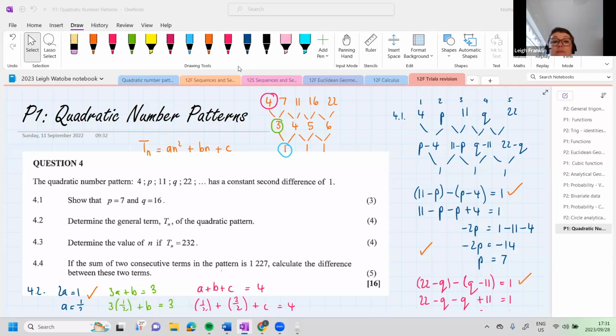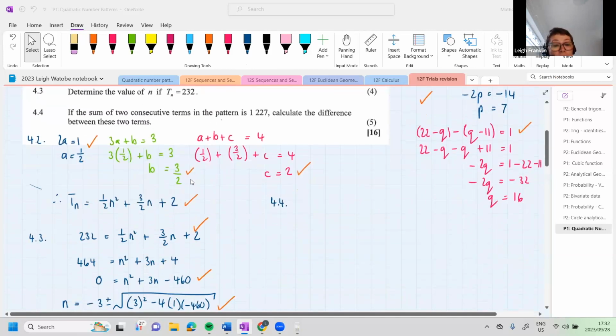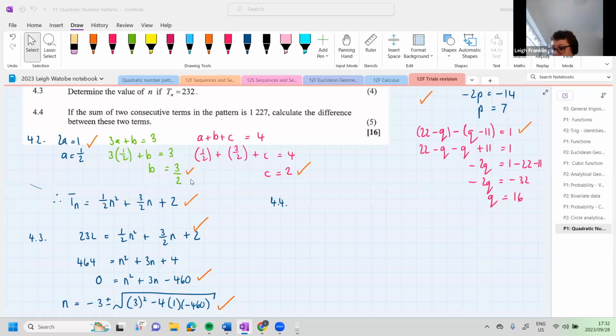No, the first difference is not going to be that. The sum of the two consecutive terms is 1,227. So two terms in the quadratic pattern add up to 1,227. So we are going to have to work out their values; their position is not important, but their value is.